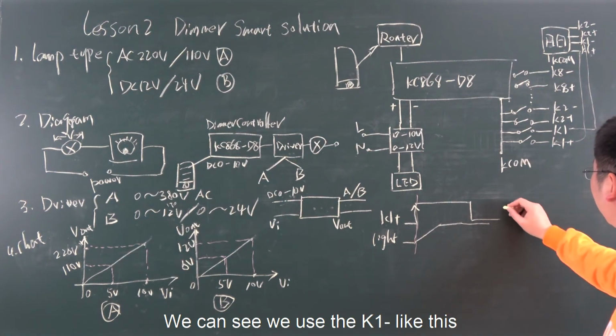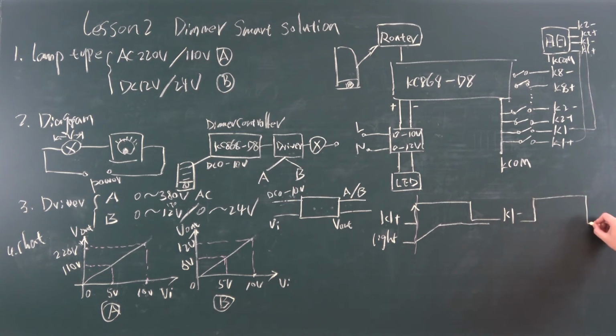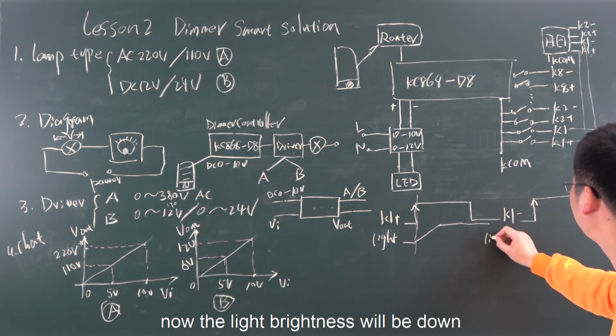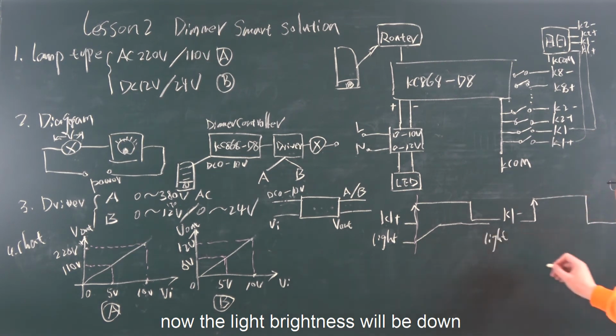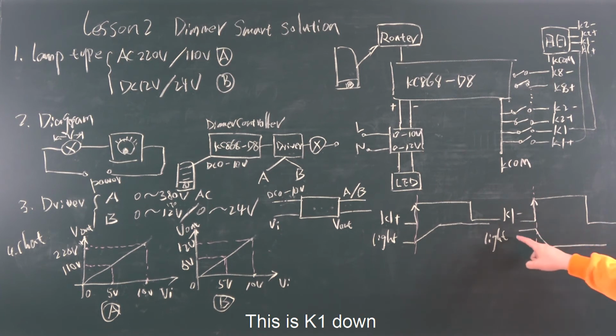Okay, now we use the K1 down. Like this, the light brightness will go down while we hold on. This is K1 down.